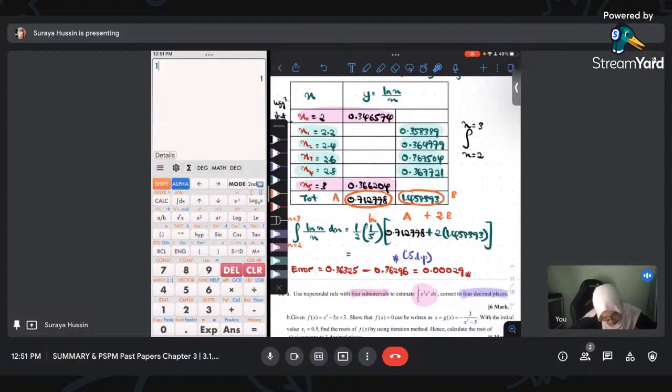So 1/2 times 1/5 times 0.712778 plus 1.458393. Lupa nak darab 2. Dua darab, okay?